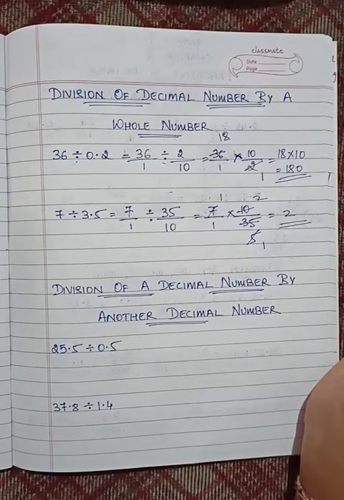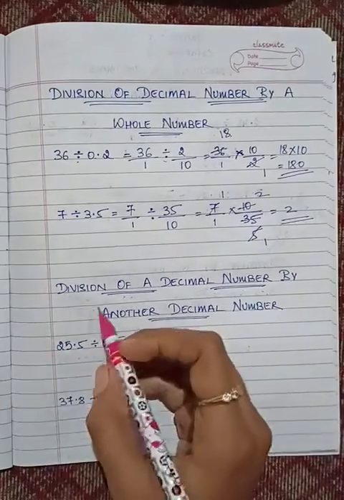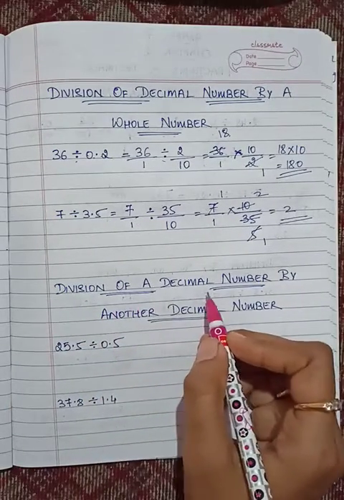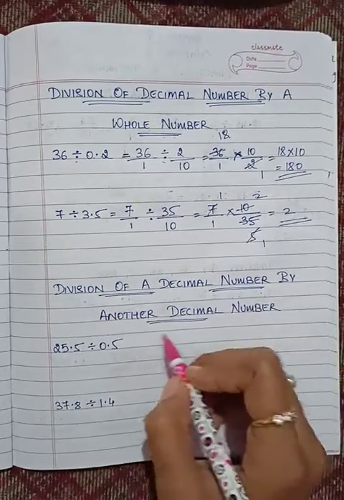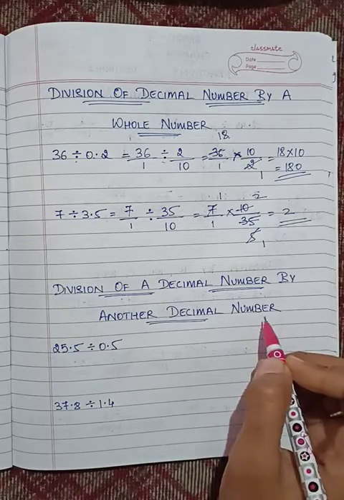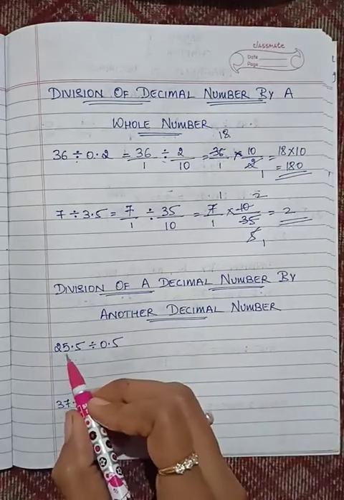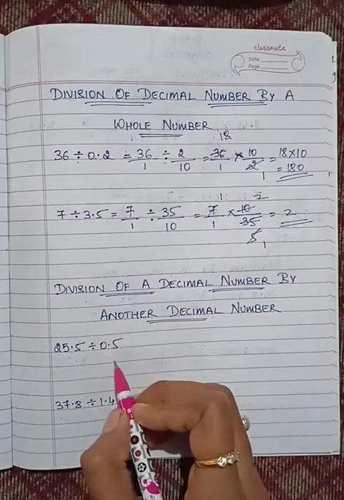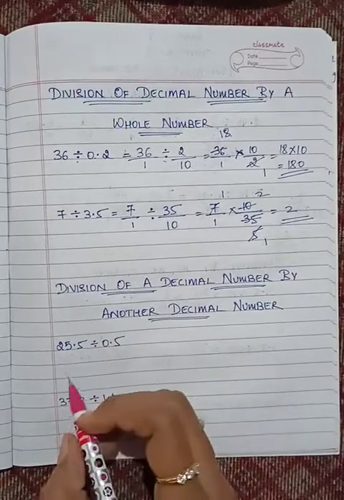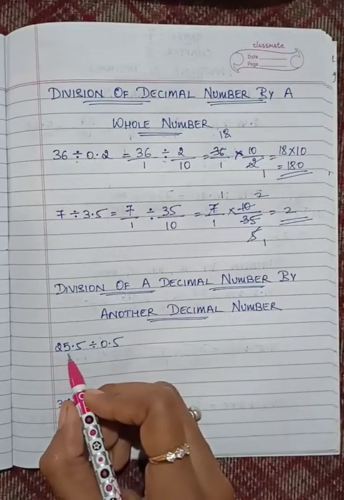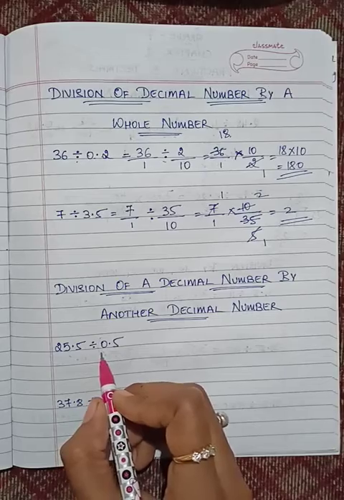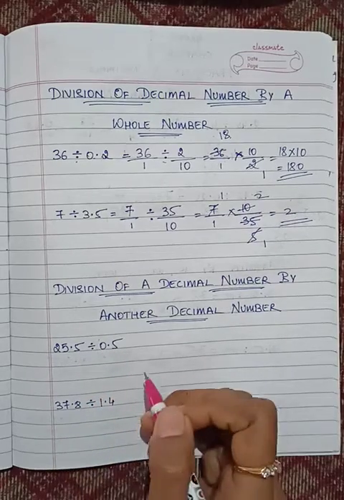The last topic of this chapter is division of a decimal number by another decimal number. So how do I divide a decimal number by another decimal number? The first problem is 25.5 divided by 0.5.